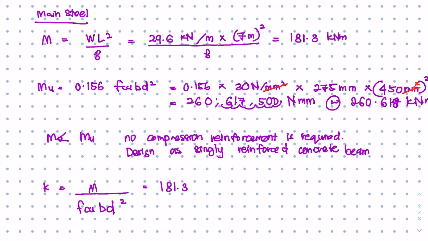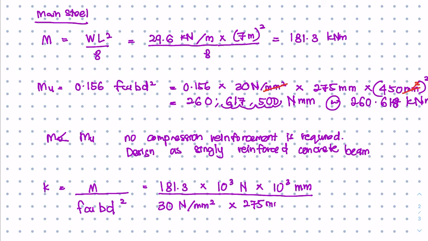181.3 kilonewton meter, convert into Newton, you multiply by 1000, and multiply by another 1000 to convert from meter to millimeter. Divide it with the value of FCU, which is 30, and B is 275, and D is 450.